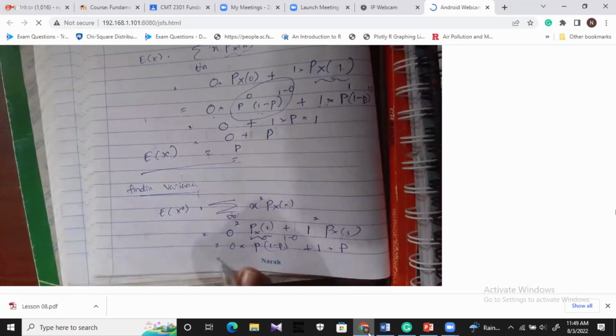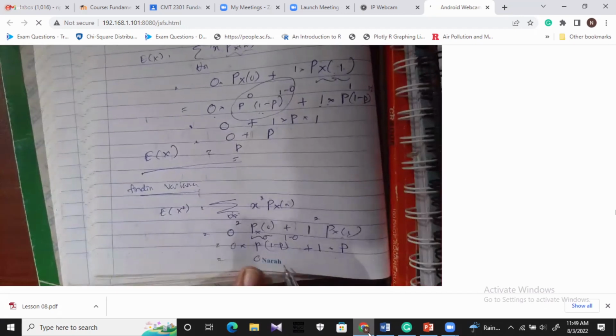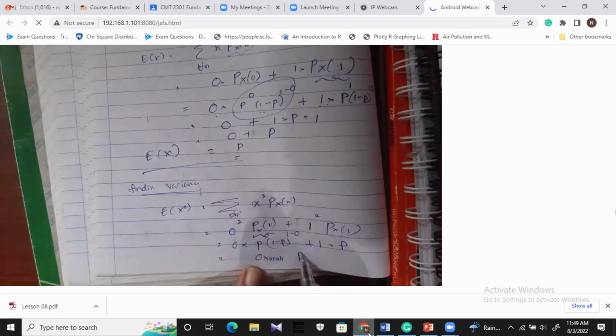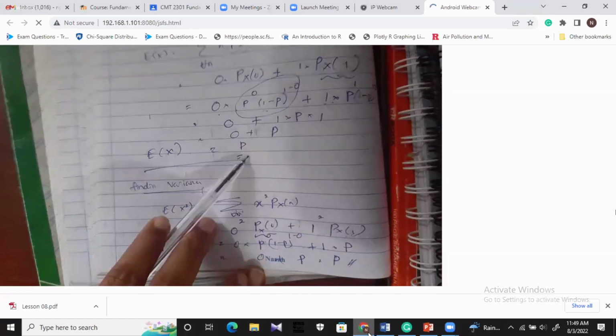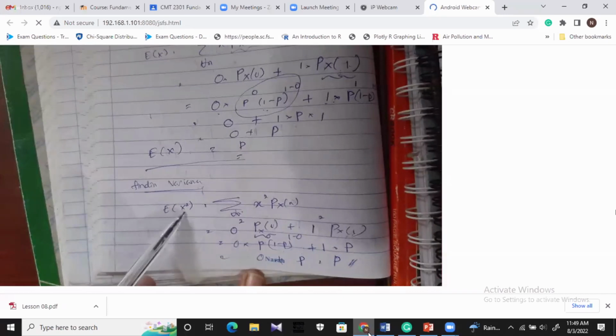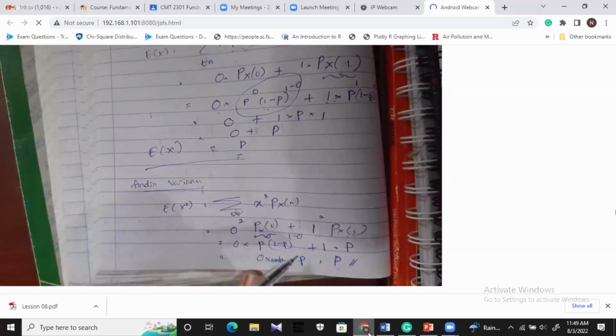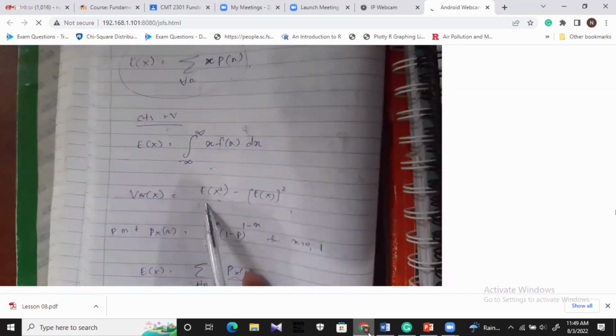So finally we have 0 plus p. The final value is p. Right? That means the expected value of x is p and the expected value of x squared is also p. So this is not the variance. What is the formula for variance? The variance is the expected value of x squared minus the expected value of x, whole thing squared. Now substitute these terms in the formula.